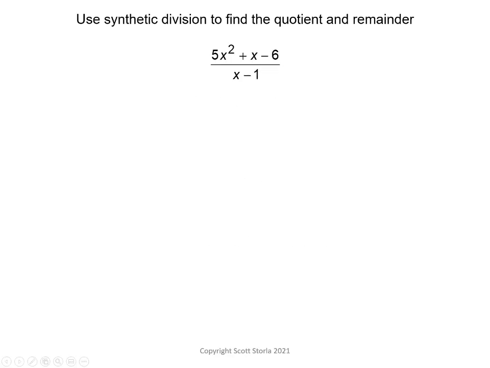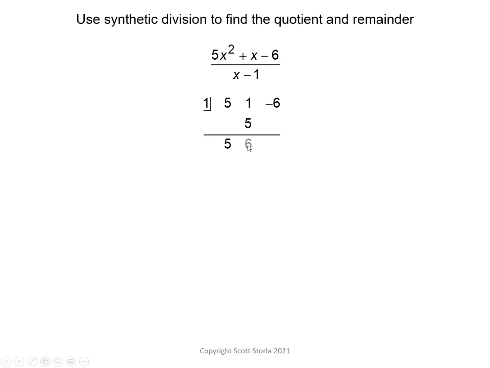Try this one. My divisor is a difference, so I'll start with the subtrahend and write 1 in that little half box. And then I'll write my line. My values will be 5, 1, and -6. I'll drop 5 below the line, then I'll multiply 1 times 5 to get 5.